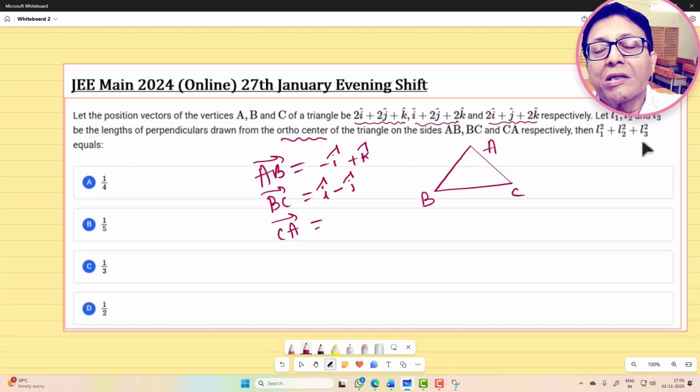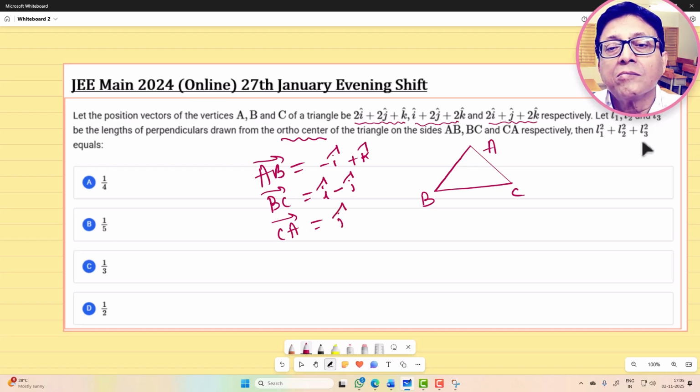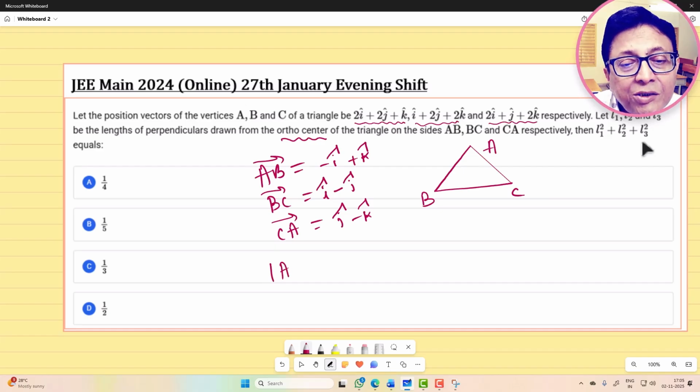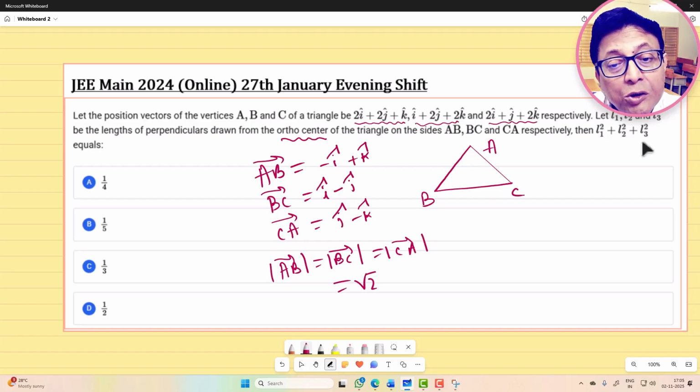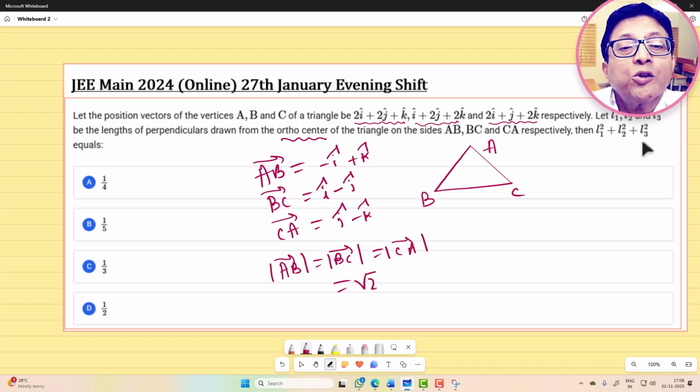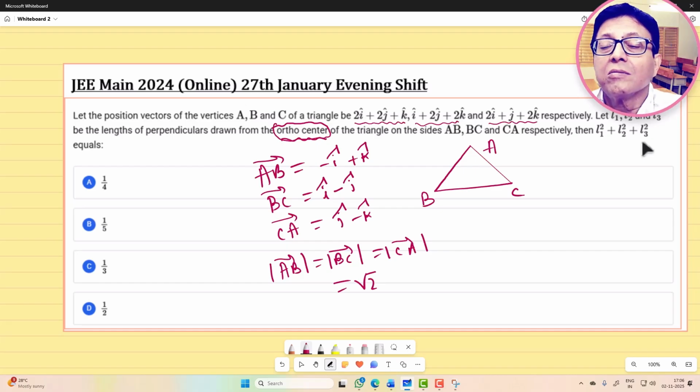Or AC, whatever. A minus C, that is j minus k. So it is obvious that mod AB, mod BC equal to mod CA. That is root 2. So this is a point you have to note. The lengths of the sides are equal. So the orthocenter is the centroid over there.